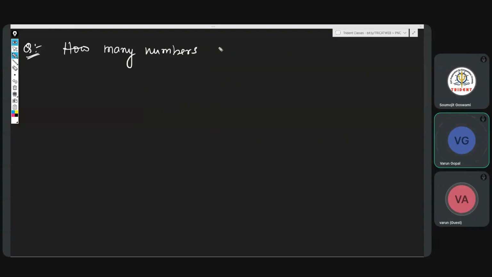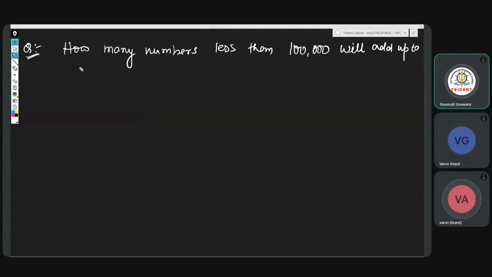How many numbers less than 100,000 this time will add up to 16?